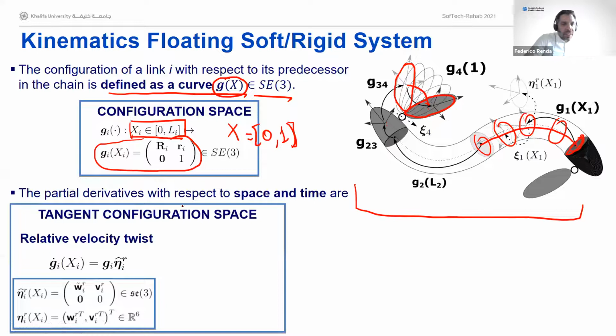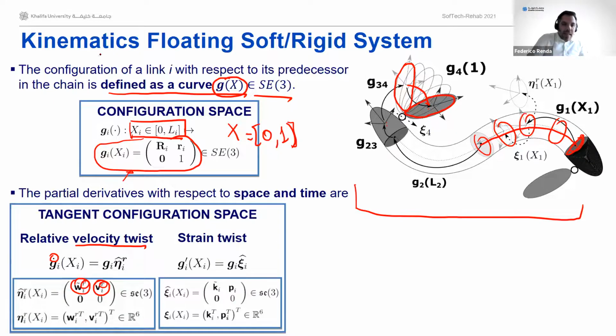Okay, now we can take the partial time derivative of the configuration g. I indicate the time derivative with a dot, and as we saw before, g dot produces the velocity twist with the angular velocity and linear velocity here. This is relative to the previous body.